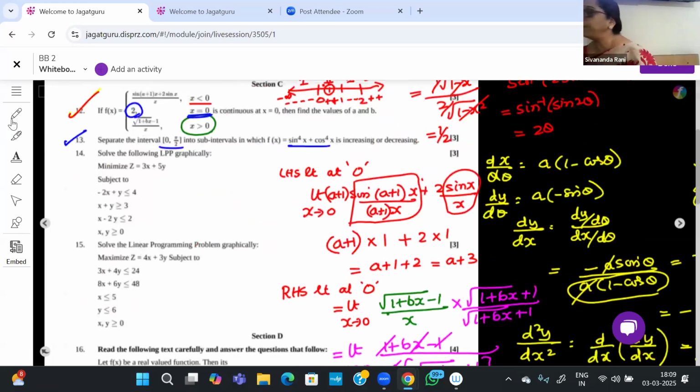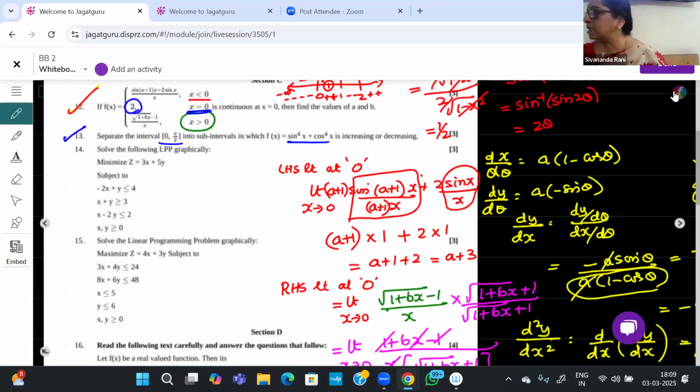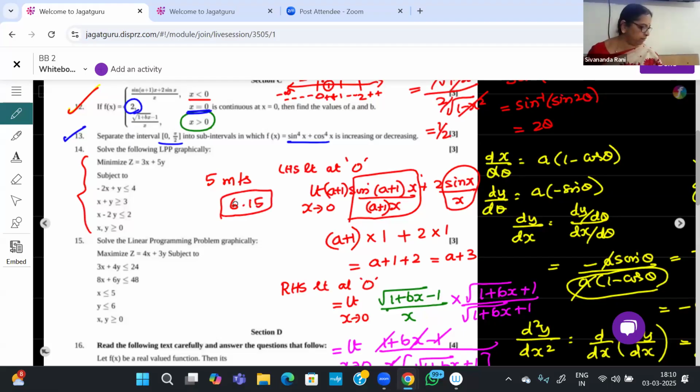Okay, look at this, LPP. My point of concern is your time. You should solve this within 5 minutes, can you? So by 6:15, you should complete it. I'll give you graph paper.